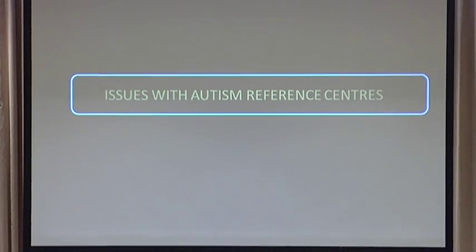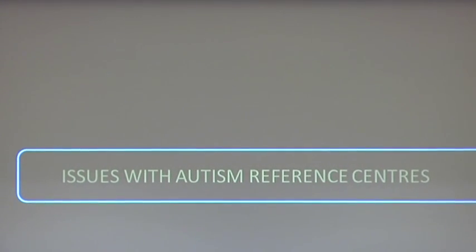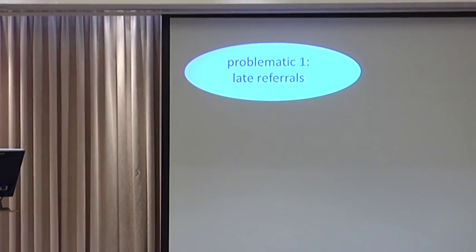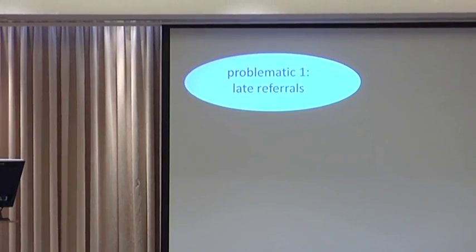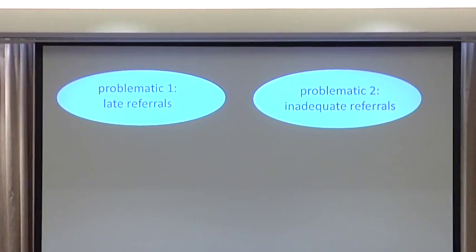I'll talk about that. So I'm working in a Child's University Hospital in Brussels, and we have a small unit called the Autism Reference Center. The issue we have is that children come quite late to us. Second problem, there are many inadequate referrals.